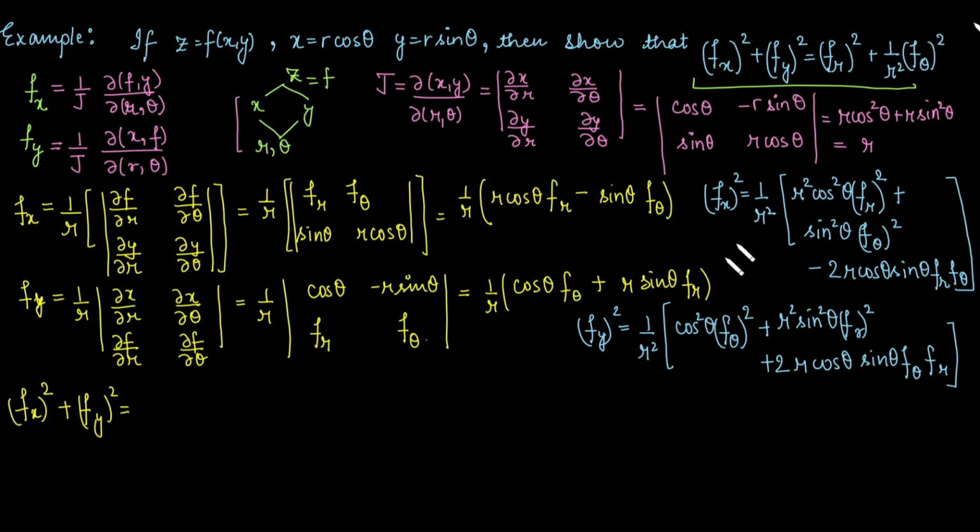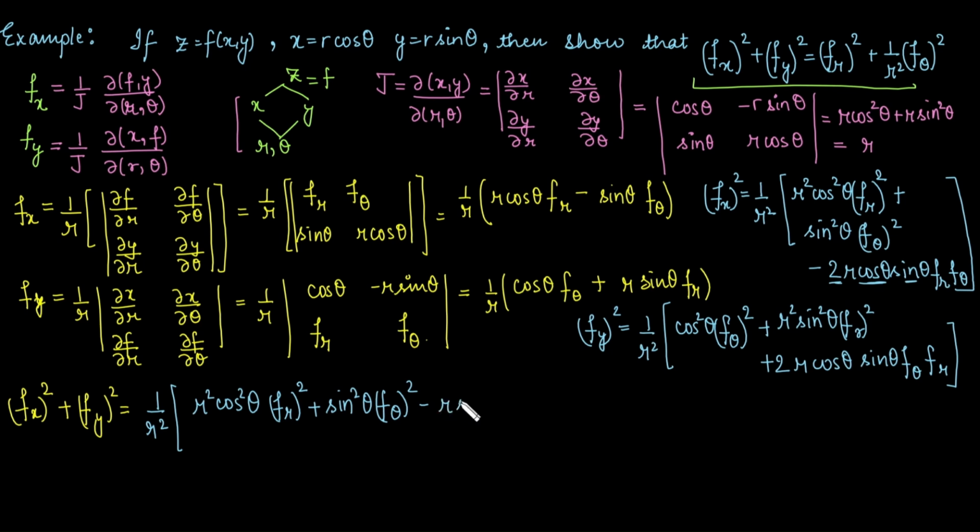Now add these two terms. In both the terms we are getting 1 by r square. We can write 1 by r square outside. This is r square cos square theta, partial derivative of function with respect to r whole square plus sine square theta, partial derivative of function with respect to theta whole square, minus we can write 2 cos theta sine theta as a sine 2 theta.